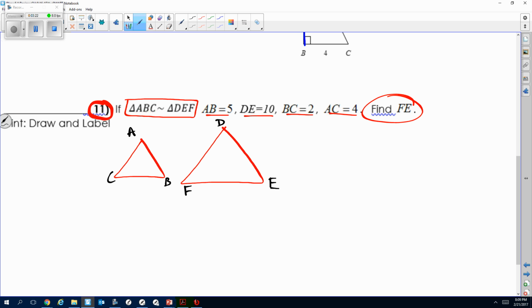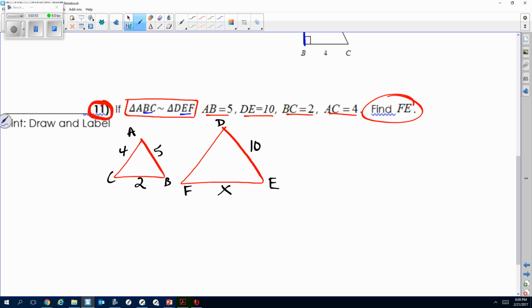AB is 5, so there's my 5. DE is 10, there's my 10. BC is 2, AC is 4. They want us to find FE, which is right here, unknown. Remember I said order matters? Make sure the letters that we know go together, like BC corresponds with EF, because that's the middle and the last.